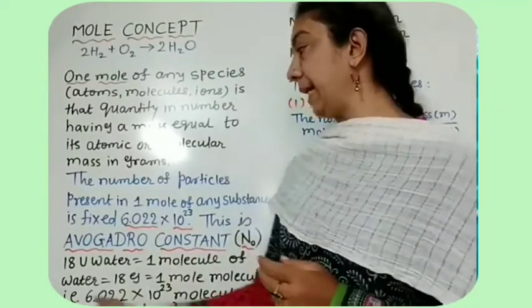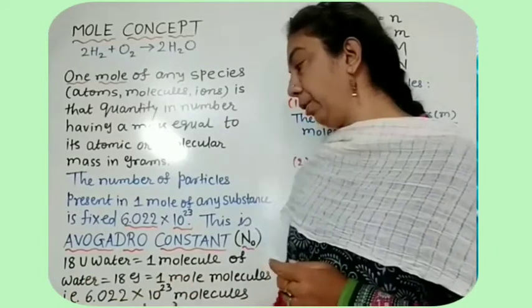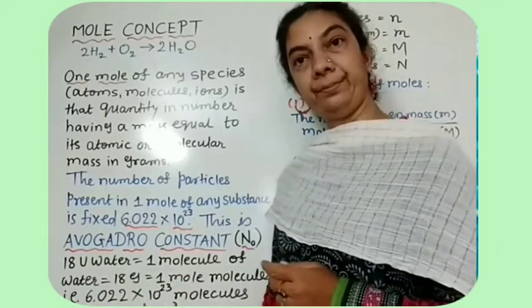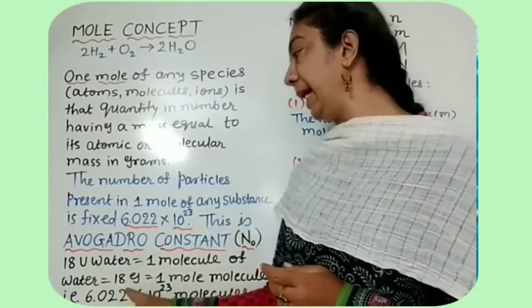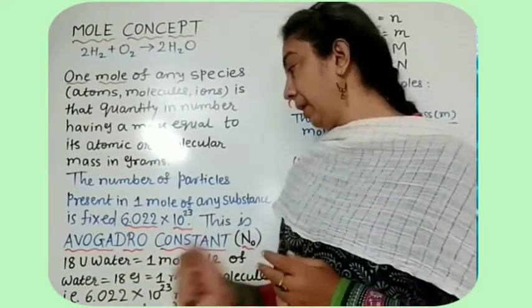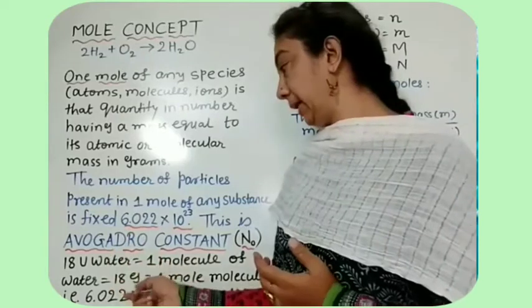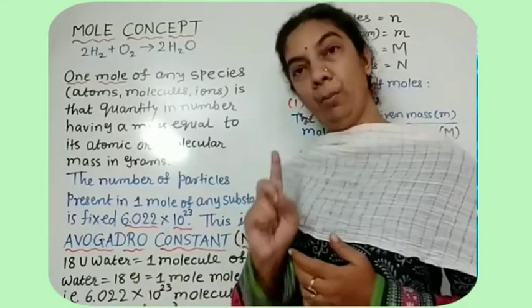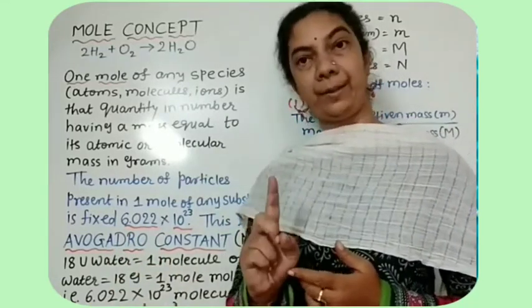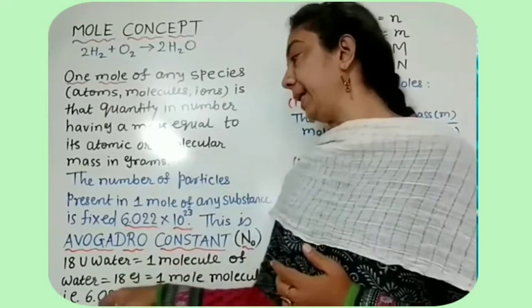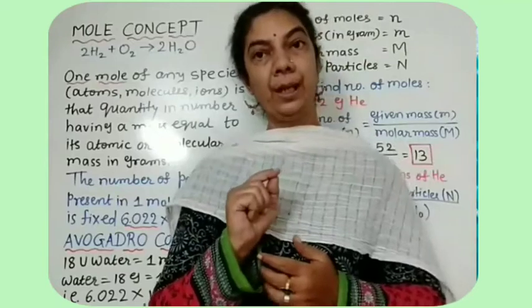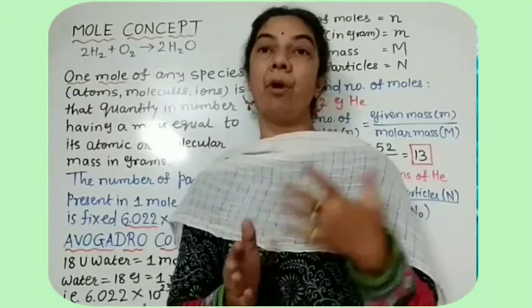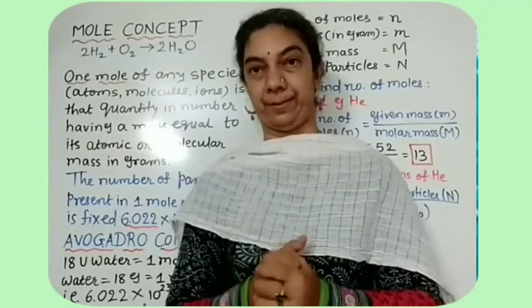So we can say that one molecule of water, that is H2O, which has molecular mass 18 gram, makes 1 mole of water, and that contains 6.022 into 10 raised to 23 molecules of water.